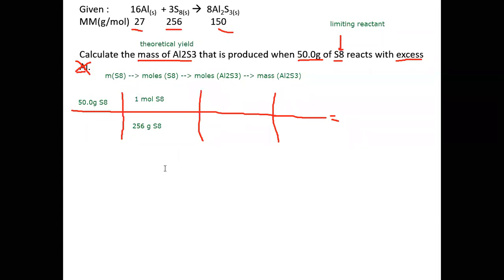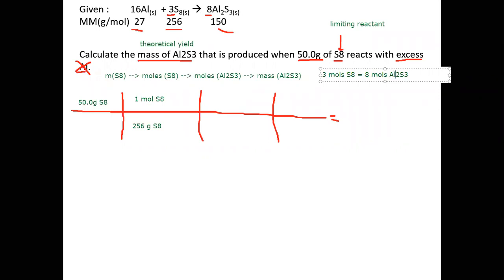Next, we need the mole ratio between sulfur and aluminum sulfide. For that, we have to look at the coefficients in front of the balanced chemical equation. There's a 3 in front of sulfur and an 8 in front of aluminum sulfide. So we could write this as an equality that says for every 3 moles of sulfur equals 8 moles of aluminum sulfide.